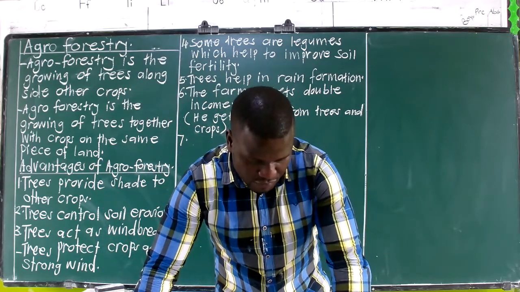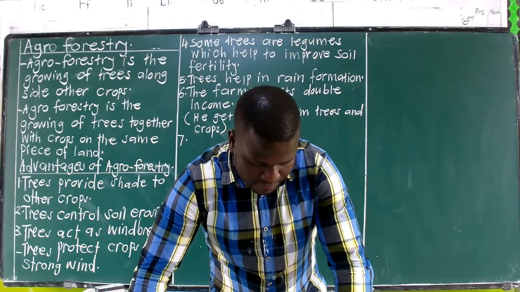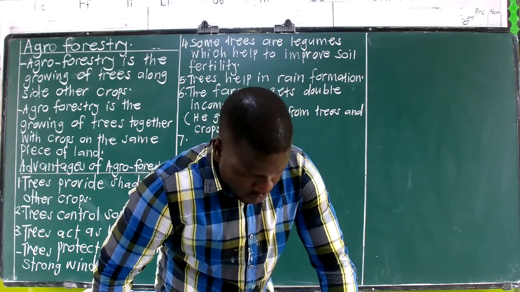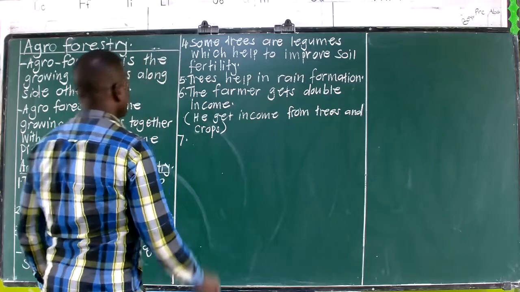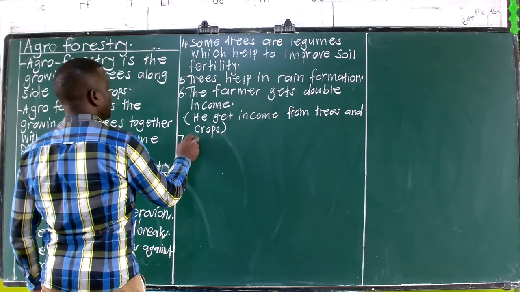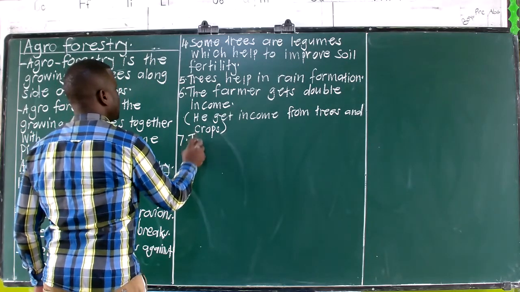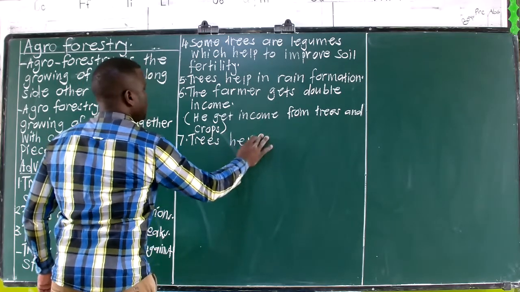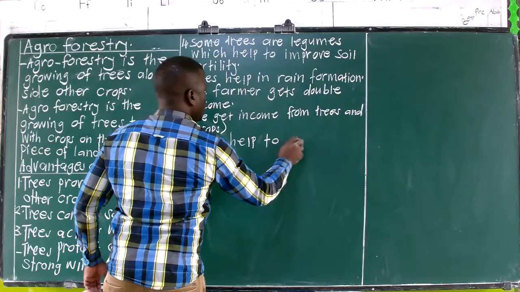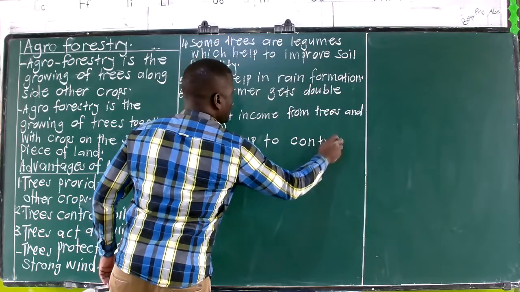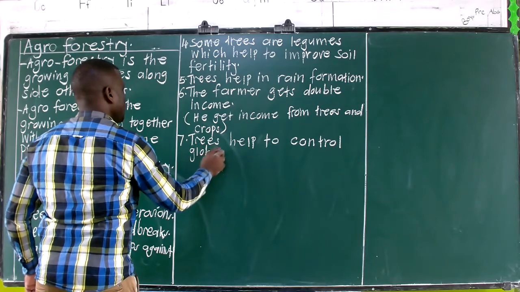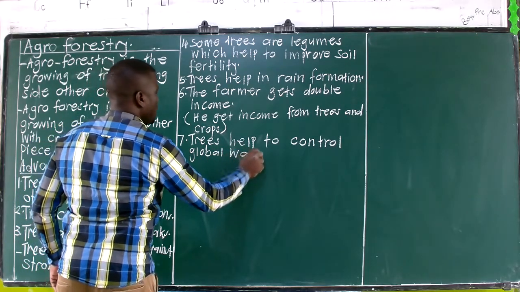Then trees help to reduce or to control global warming. Trees help to control global warming.